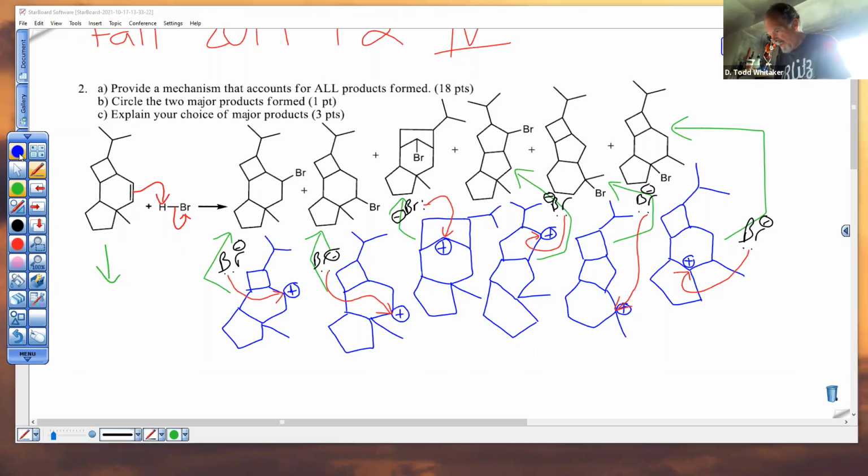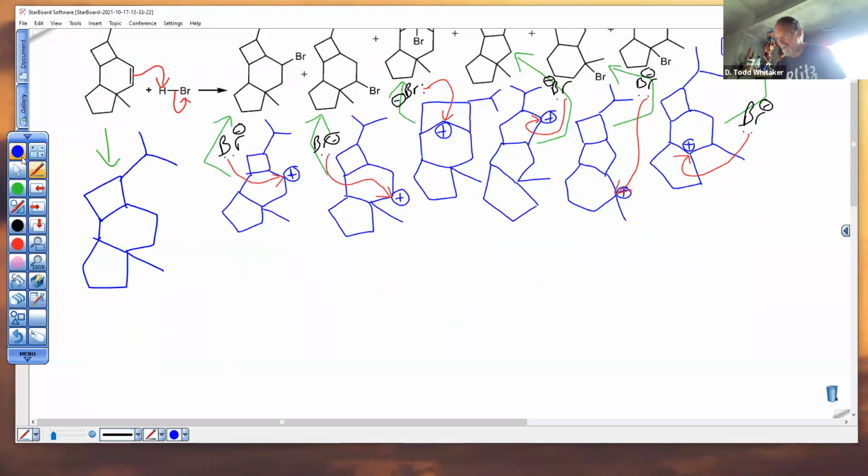So you draw your cyclohexyl. And you draw your square. And you draw your pentagon. And it has a methyl on the bridgehead. And I don't want to keep copying that over and over. You guys, sadly, you do have to.